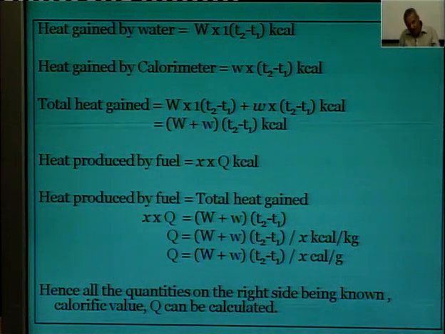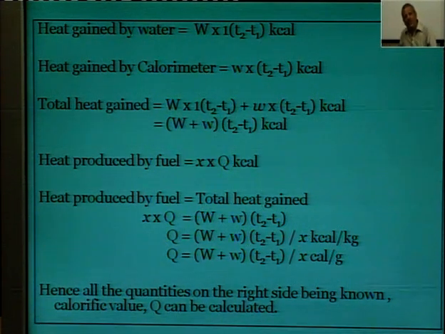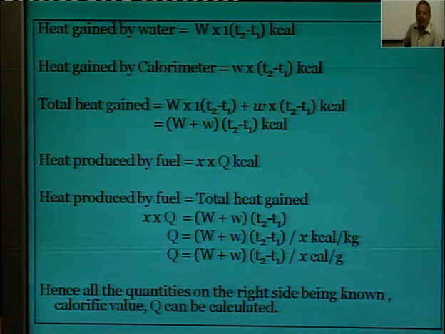So, total heat produced by the fuel is x gram into Q, and that Q is the calorific value. So, we can write this equation as x into Q is equal to (W plus w) into (T2 minus T1). So, heat produced by fuel is equal to heat absorbed by the water and by the calorimeter.